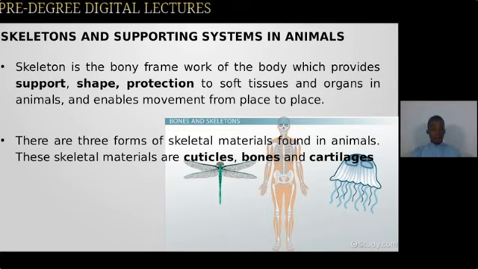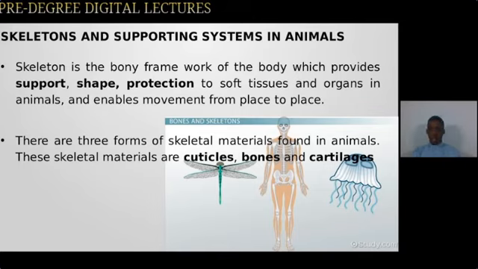In animals, generally, there are 3 different forms of skeletal materials found. And these are cuticles, bones, and cartilages. The picture there shows a dragonfly, a typical example of a cuticle or exoskeleton, which we will discuss later.